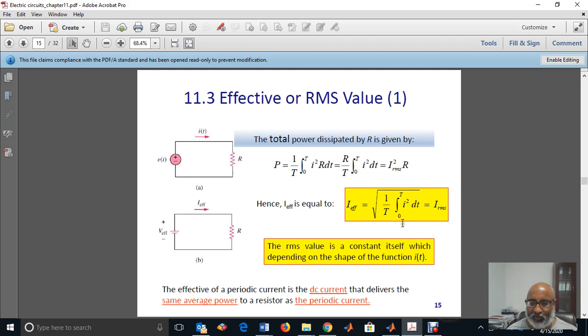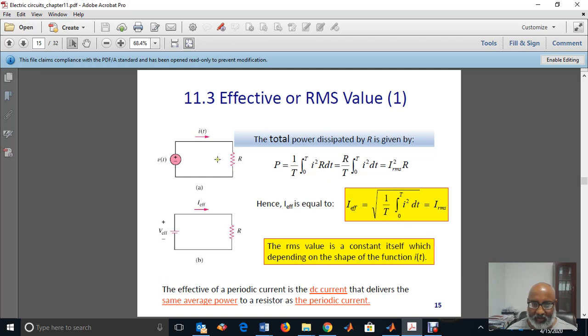So it is also called root mean square. Root means square root, mean means the average. The average, how we get it? Because we divide by the period, 1 over T, and the mean of the square means the integration of the square divided by capital T. So IRMS is defined by this equation.